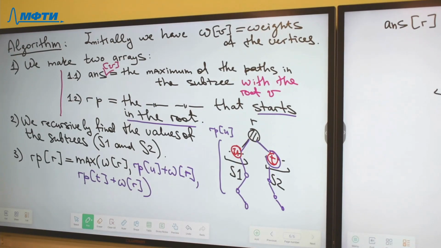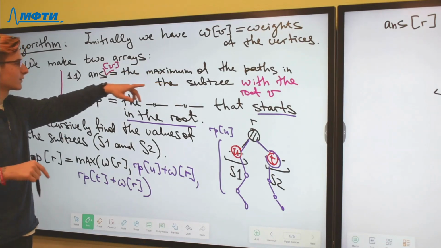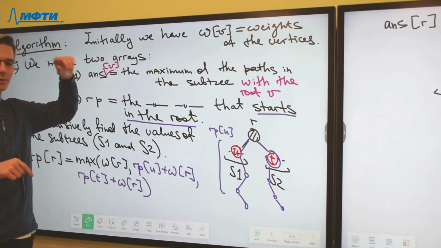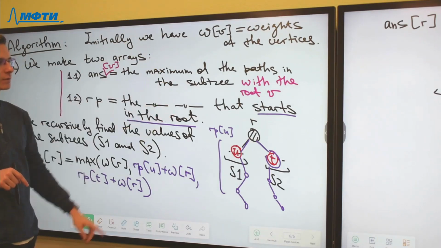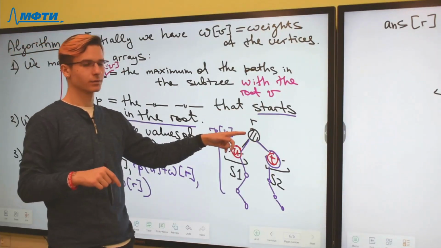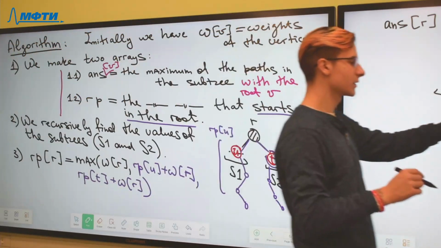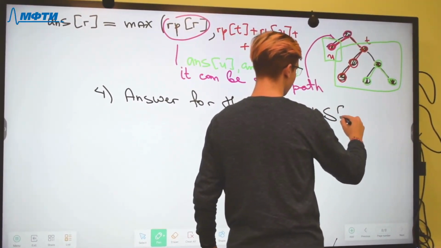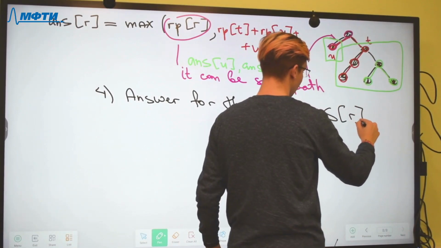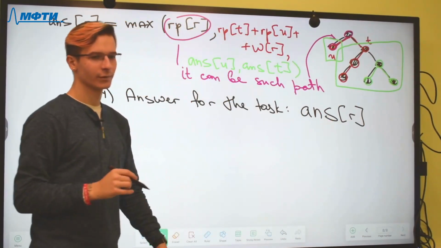And in which tree do we need to find the maximum of the paths? With what root? With root R. And the answer for the task is the answer here, yes.